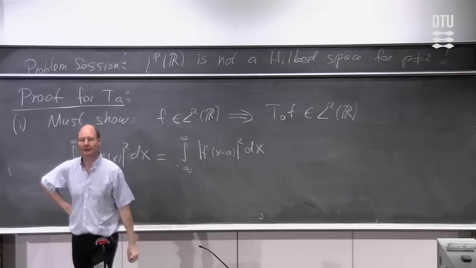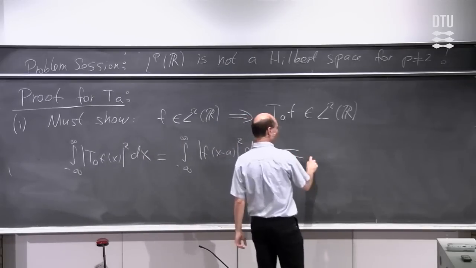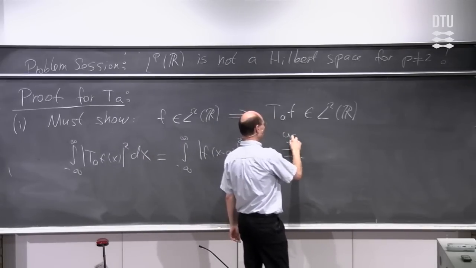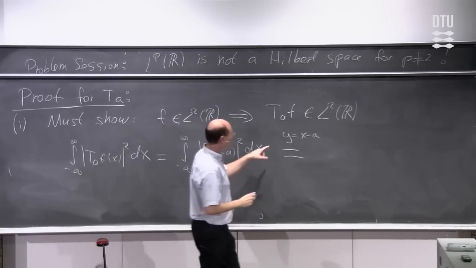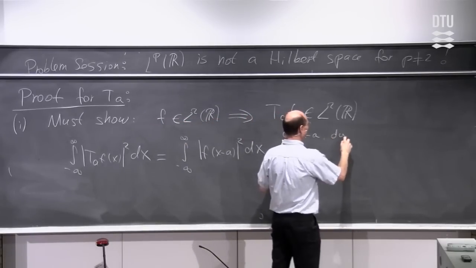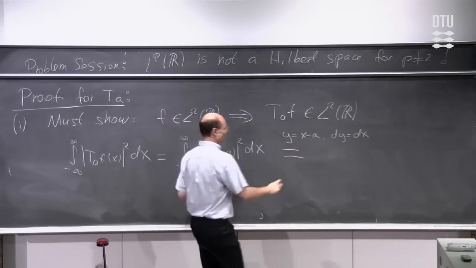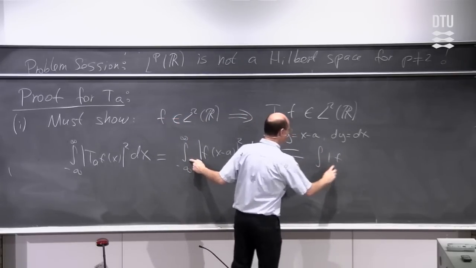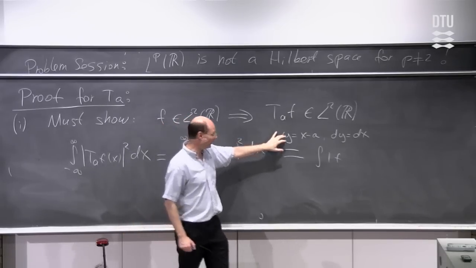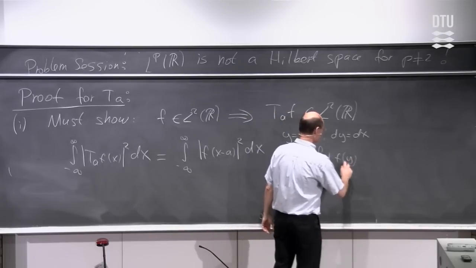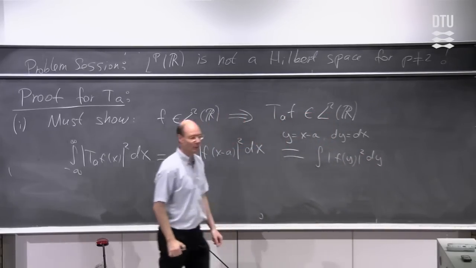And the way to do that is to make a change of variable. So what we'll do is to introduce a new variable y equal to x minus a. If we do that, then we get dy equal to dx, and then we get an integral of f of, and then instead of x minus a, this is just the y, and then absolute value to the power 2, and instead of dx, we get dy.